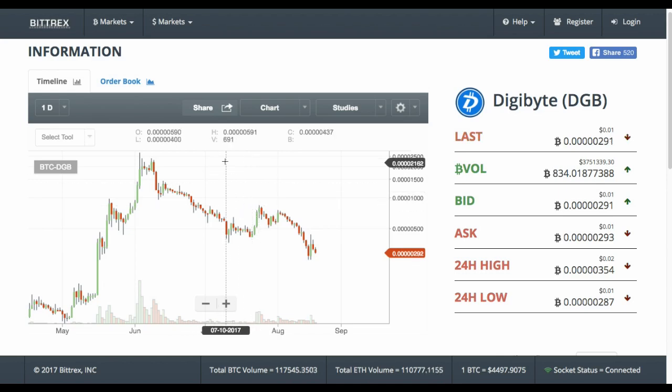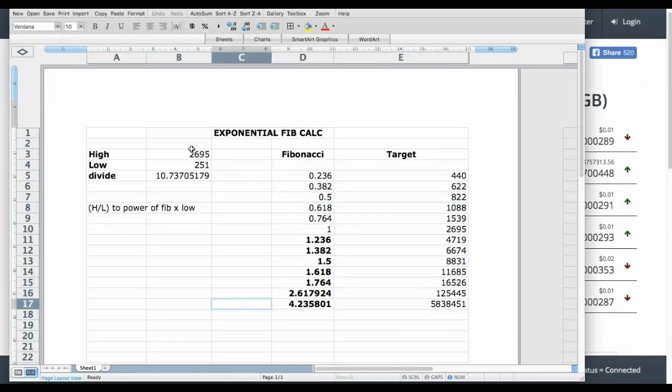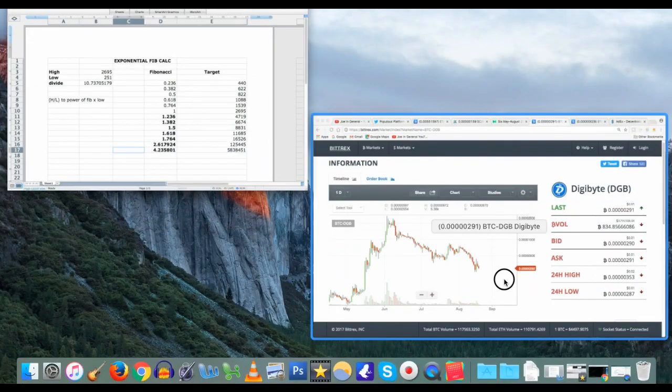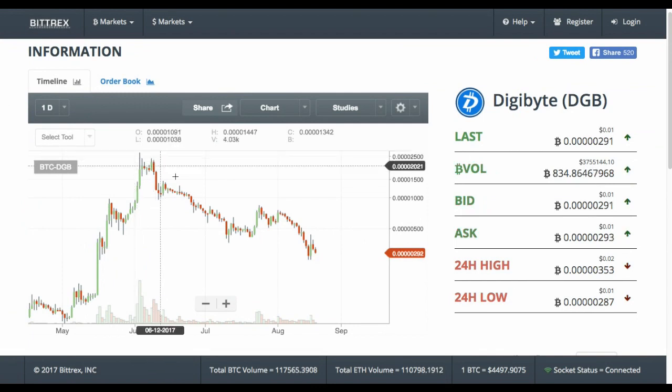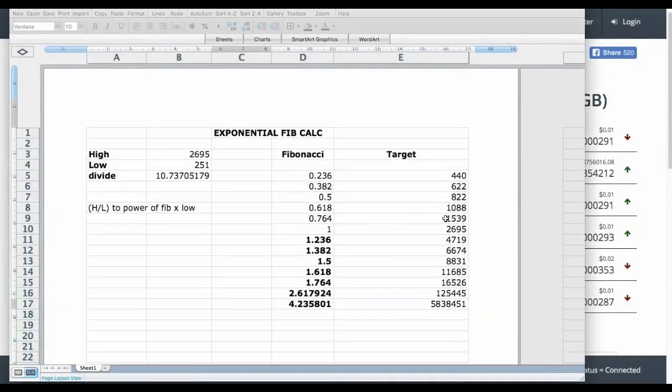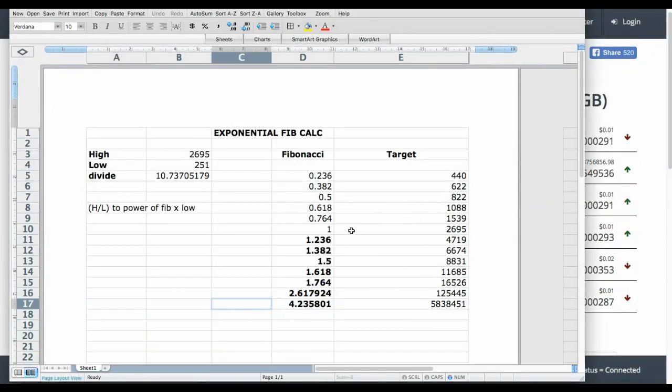Now, another bit of blue sky thinking later on down the track, if this is the low, as I talked about with Siacoin, if this one here is the low of 250 and that high of 2695, exponential Fibonacci calculation would suggest, and these are very blue sky thinking numbers, because there's such a large spread between the high and the low, the Fibonacci levels above this level are going to be quite high. They're going to be quite spread out, right?